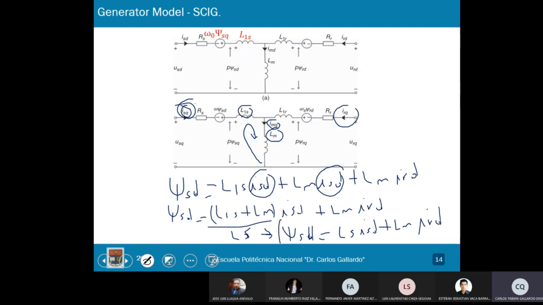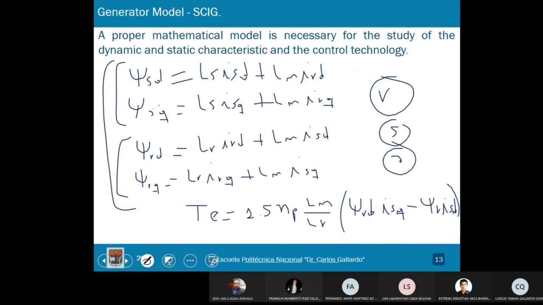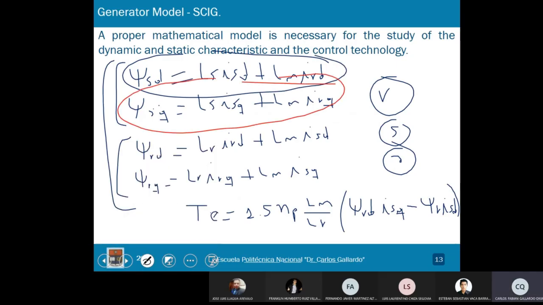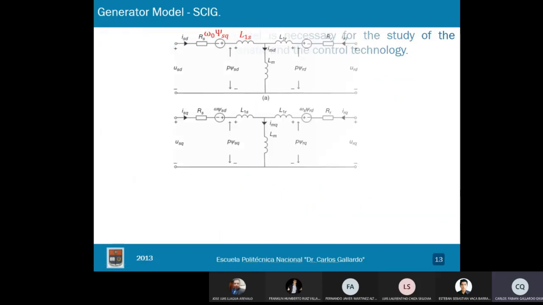And this equation is this one. In a similar way, I will get the other component and for the rotor.